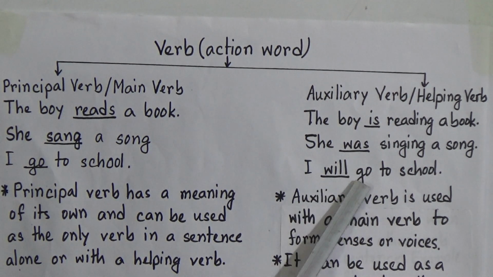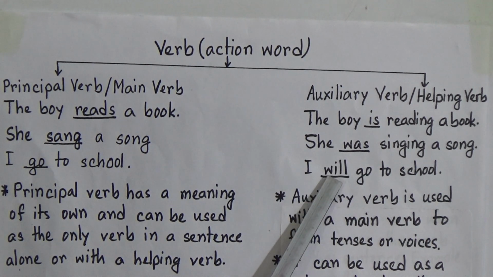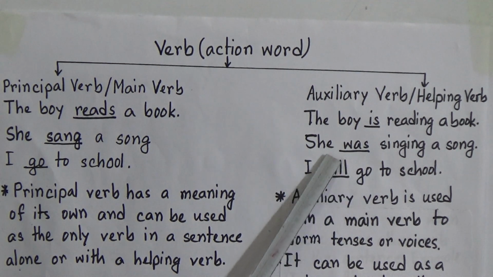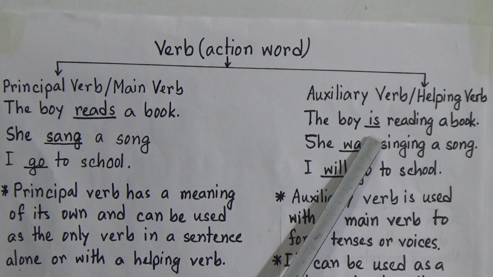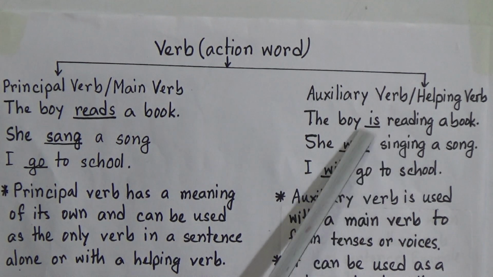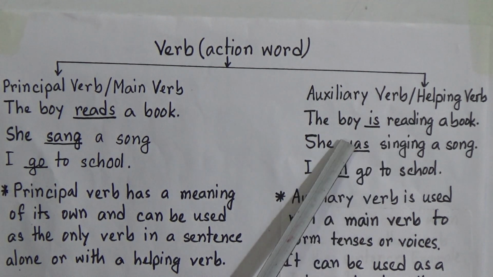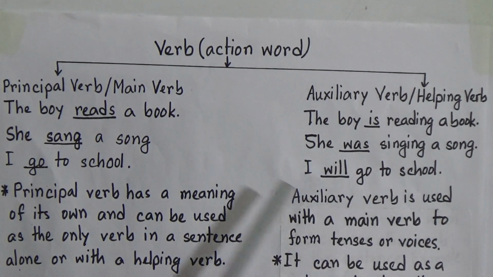Here is another main verb go, and here will is the auxiliary or helping verb. So auxiliary verb sits in a sentence with the main verb to form tenses or voice, and we can also use auxiliary verb alone in a sentence. On that moment it will work like a main verb. Okay, we will read about it.